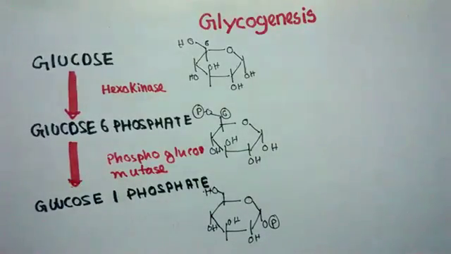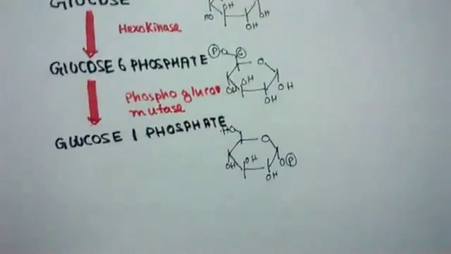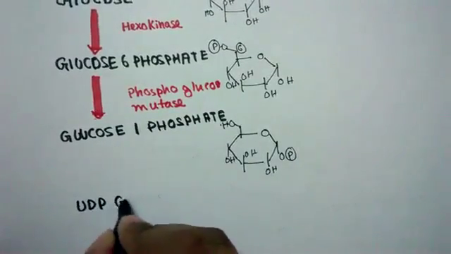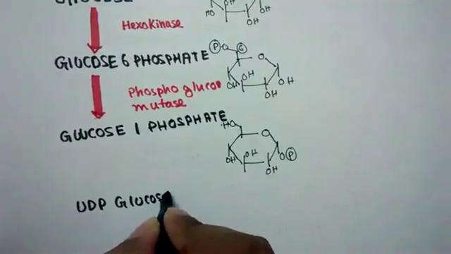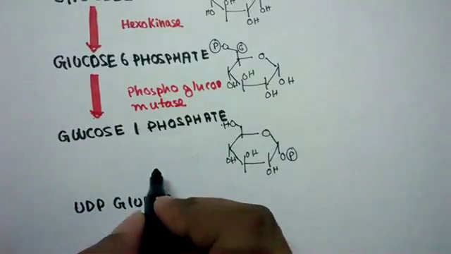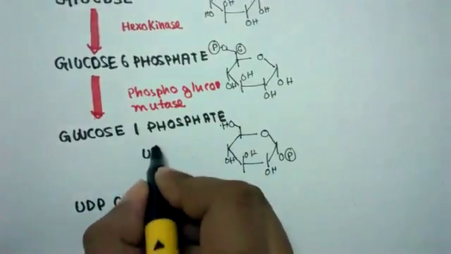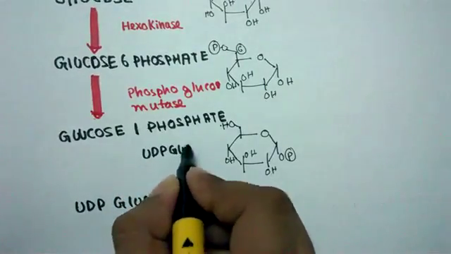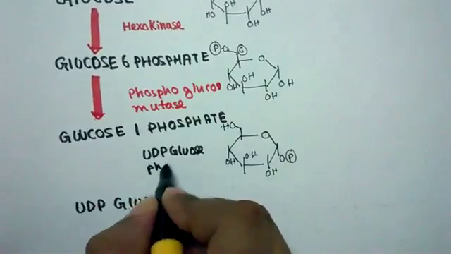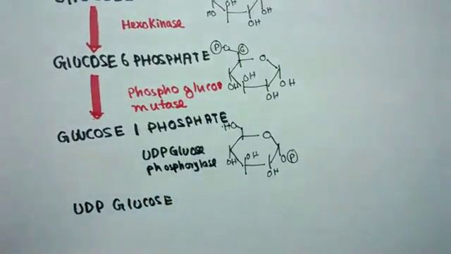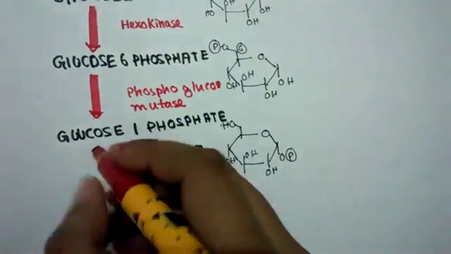After getting converted into glucose 1 phosphate, it would be converted into UDP glucose, and the reaction is catalyzed by UDP glucose phosphorylase.